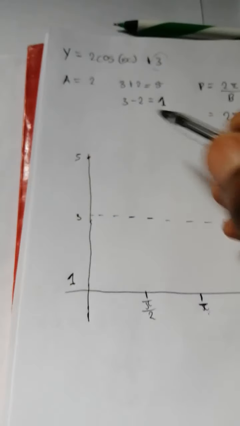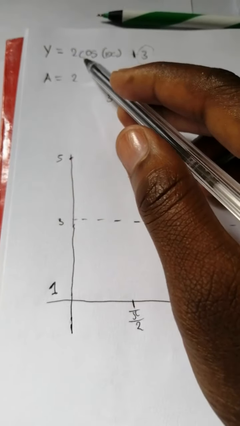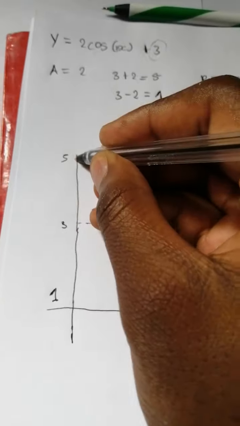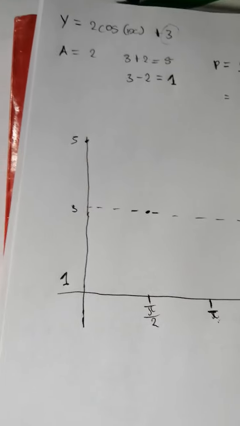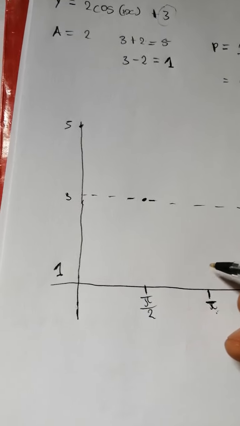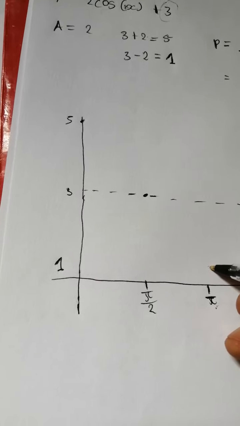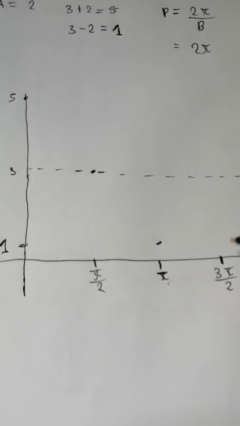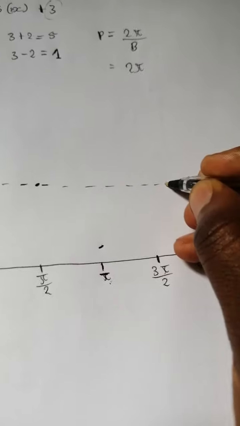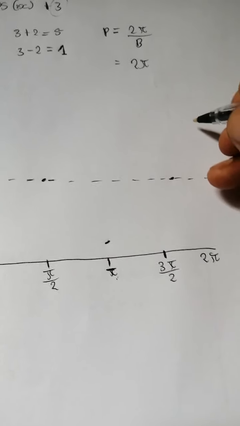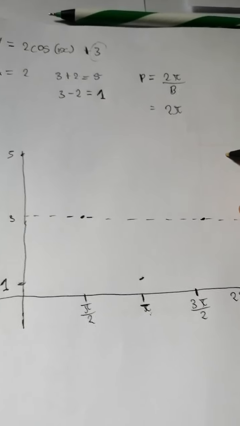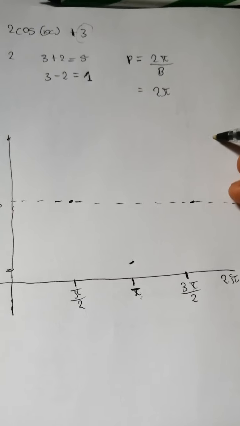So since here we have cos, we know that the graph of cos starts from the top here, and then it will go to the middle, to the center here, and then it will come all the way down to positive 1 here, and then it will go back to the center like that, and then it will go all the way up in line with positive 5, like that.